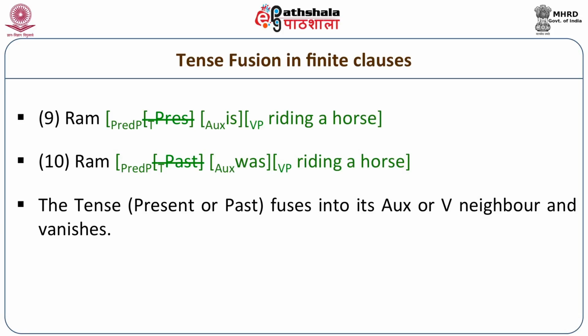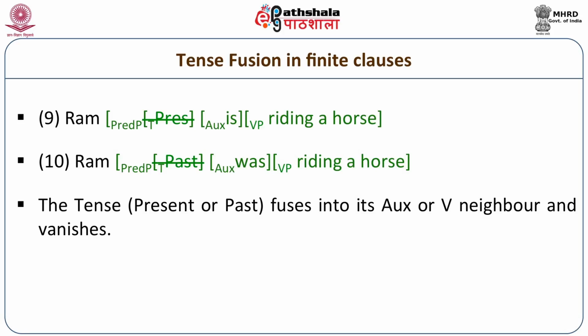In case you didn't get the point, let us repeat the core of what we are saying. The non-finite marking -ing on riding, which is progressive, and the non-finite form -en on ridden, which is perfect, get licensed by the auxiliary to its left in the English verbal complex.